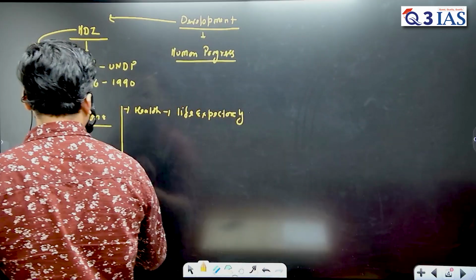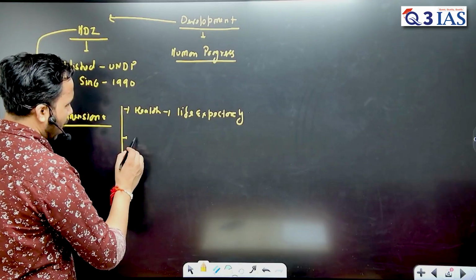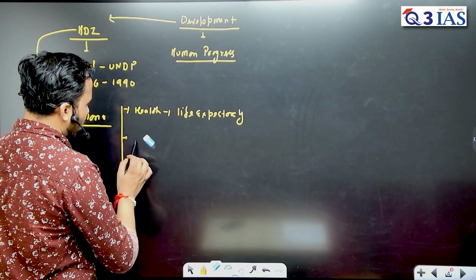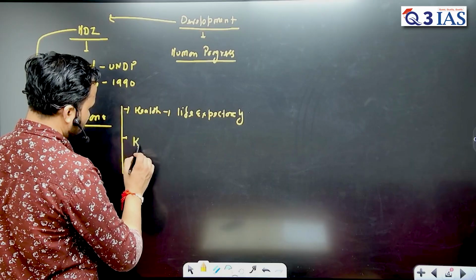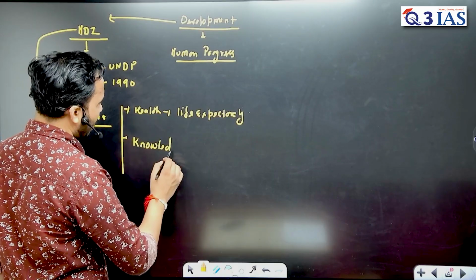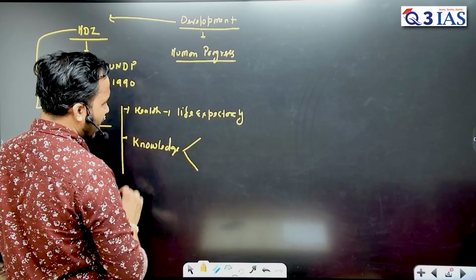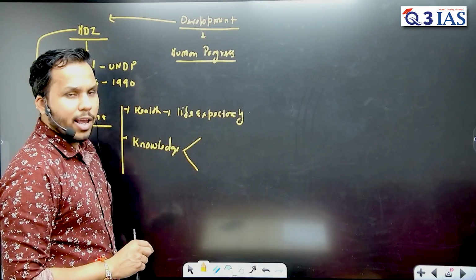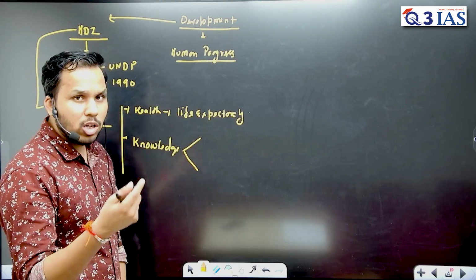And if we talk about the second one, that is education, or you can write a better word, that is knowledge, which is generally used by UNDP. There are two indicators used by the UNDP to measure the knowledge of the country.